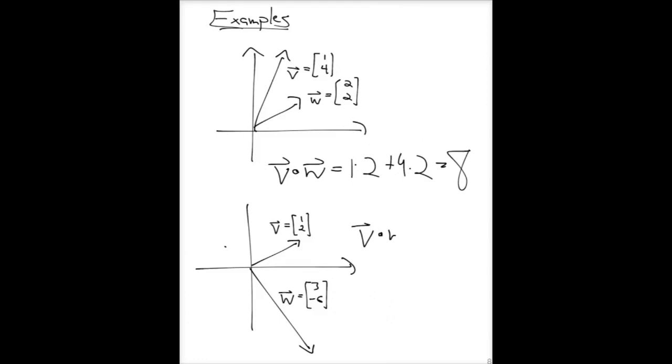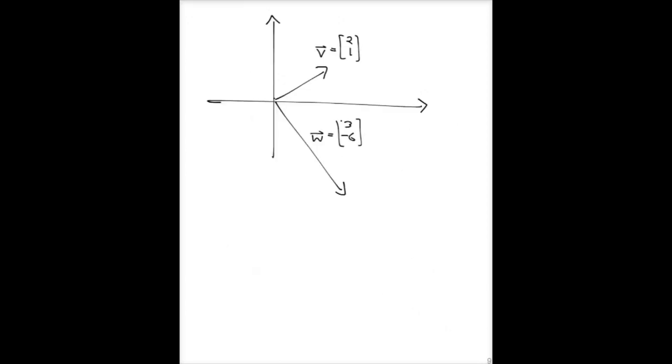Then the dot product of V and W is 1 times 3 plus 2 times negative 6 equals negative 9. One more example. V equals 2, 1, W equals 3, negative 6. Then V dot W is 6 minus 6 equals 0.